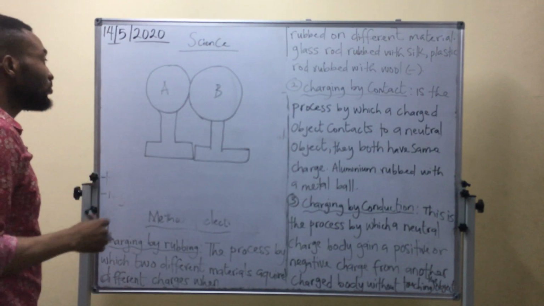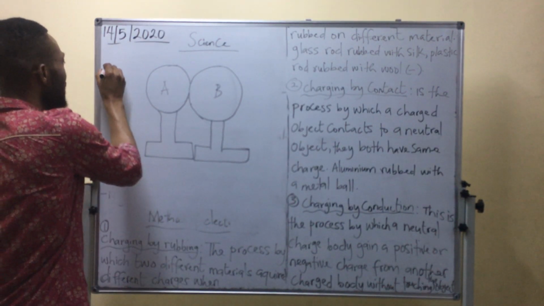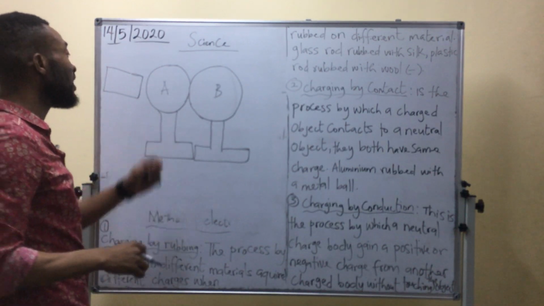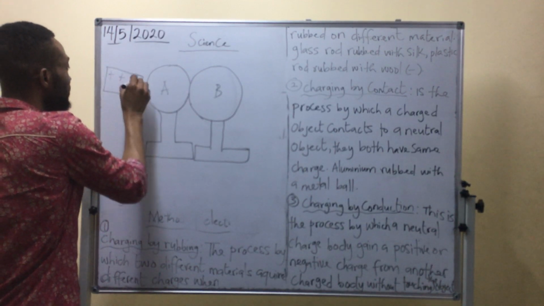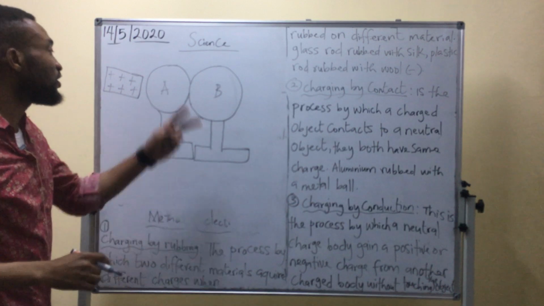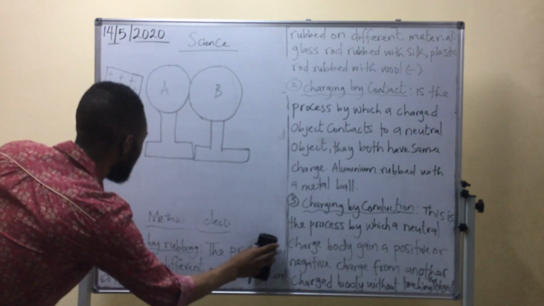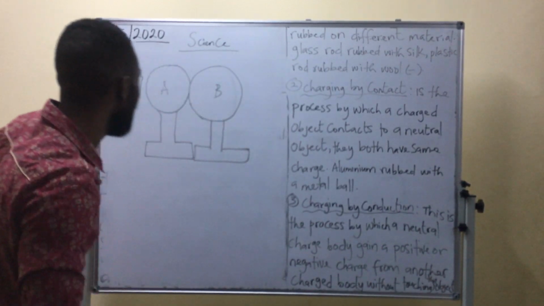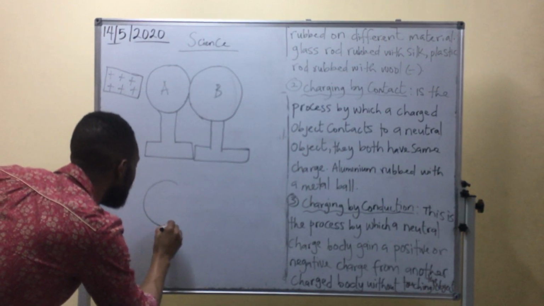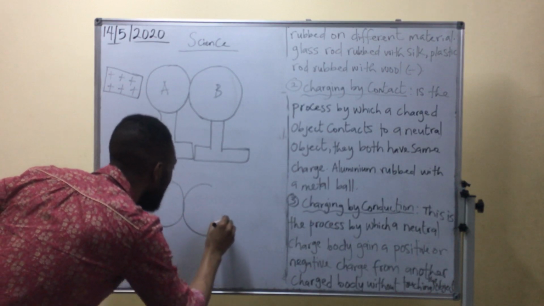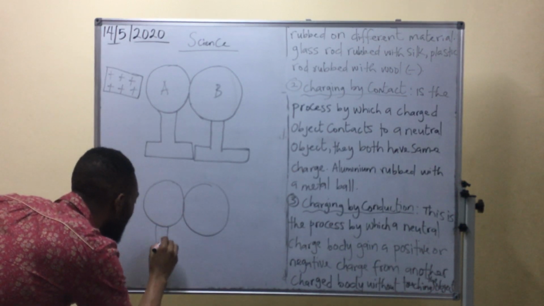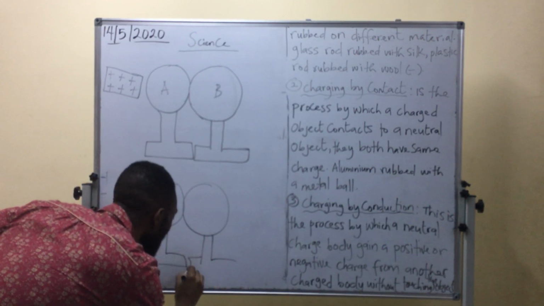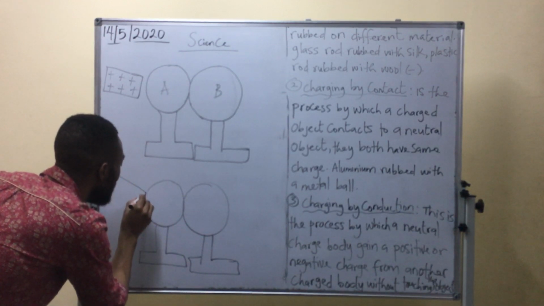Now, if you take aluminium of positive charge close to these 2 metal balls, that is aluminium with a positive charge like this, close to this metal ball, you will discover that these 2 metal balls will acquire 2 different charges from the aluminium.